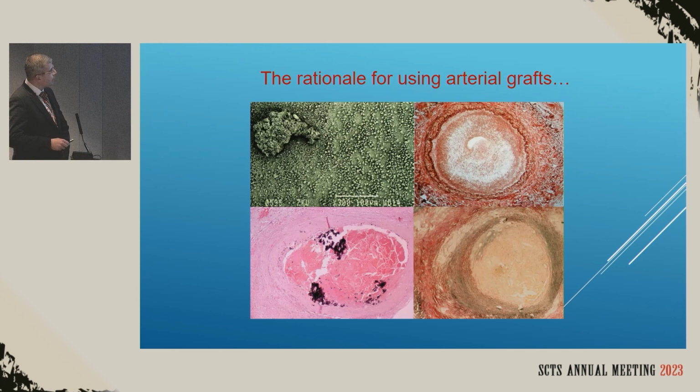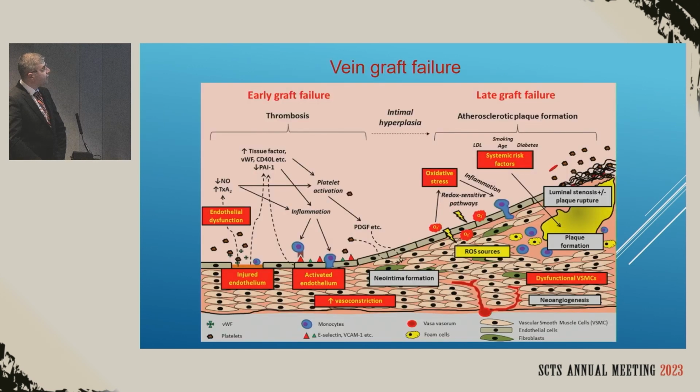These are some nice slides that show, first of all, acute vein thrombosis, lower down plaque rupture in black with thrombosis, and to the right, we can see intimal hyperplasia with lumen narrowing and complete occlusion of the lumen. Undoubtedly, there is a rationale for arterial grafts as discussed by the previous speakers.